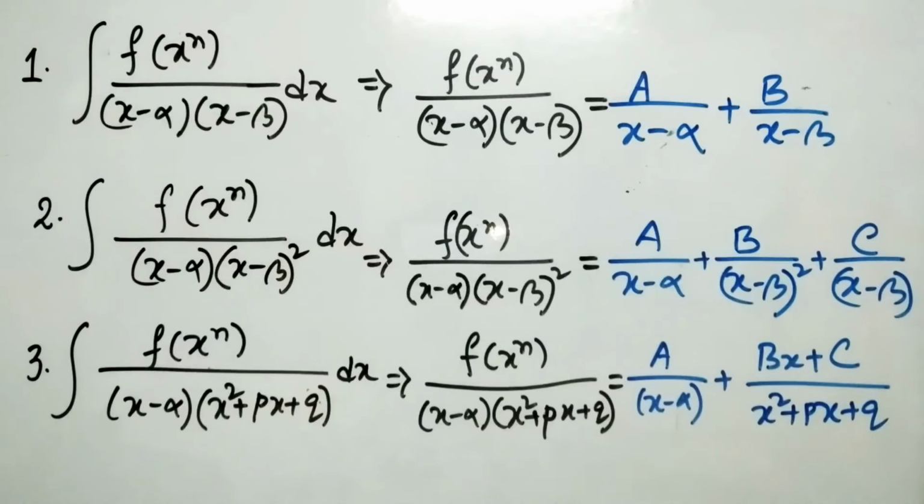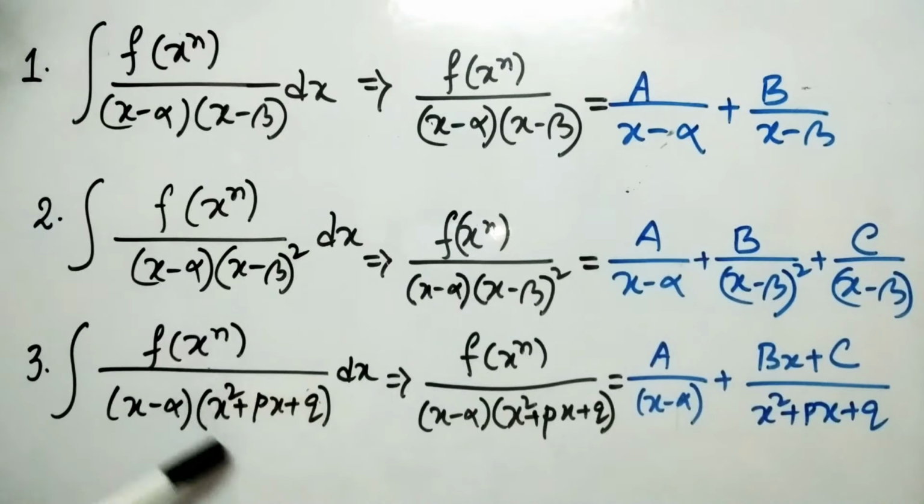In the third category, the denominator has x minus alpha into x square plus px plus q. Here x minus alpha is a linear factor, but for this x square plus px plus q, suppose we are not getting any middle term factor for this quadratic function. For this case, because this is a non-repeating factor, as usual we take a by x minus alpha.